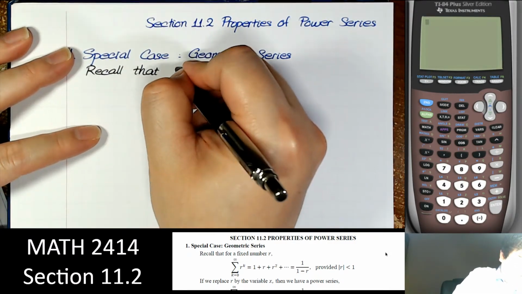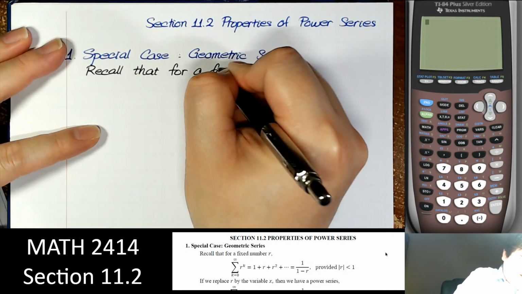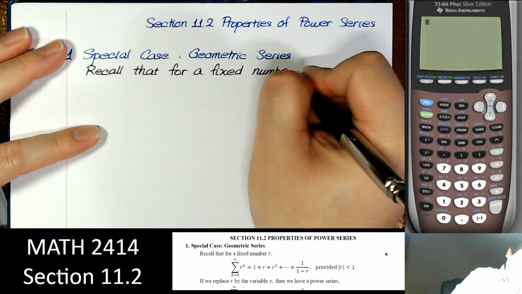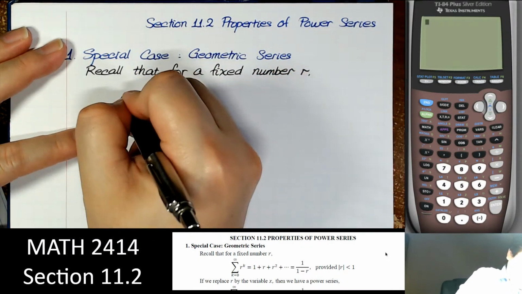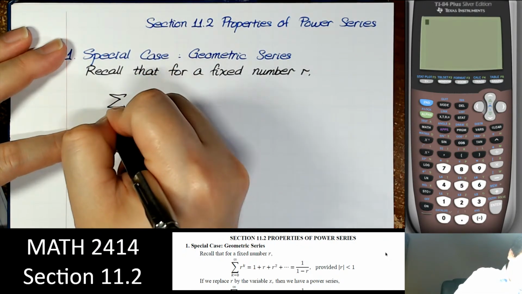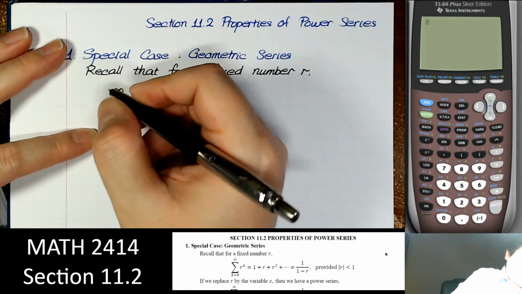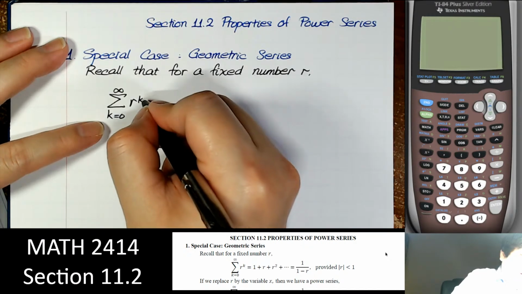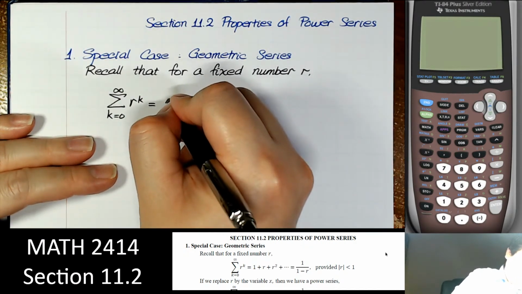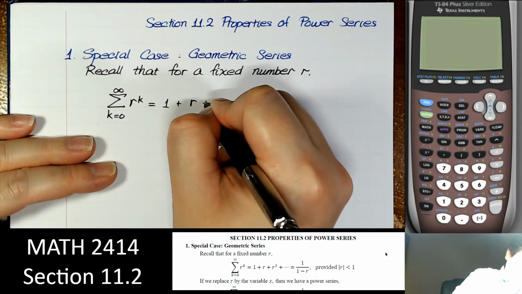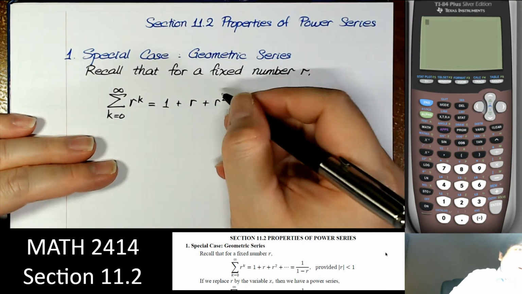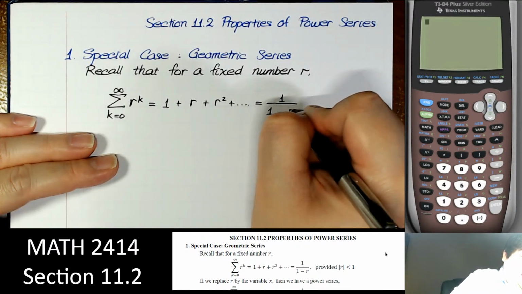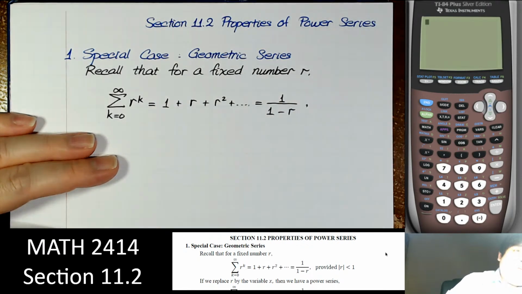First, recall that for a fixed number R, we have the sum of the powers, 1 plus R plus R squared all the way to infinity, and it will be equal to 1 over 1 minus R. And that of course is very important.